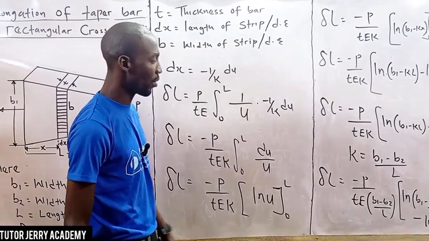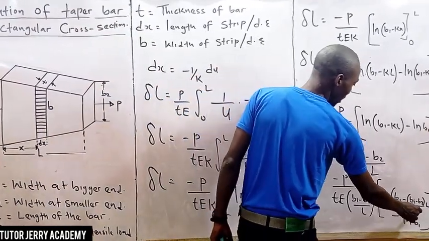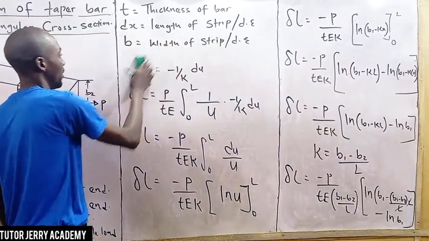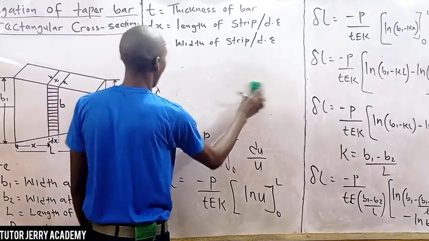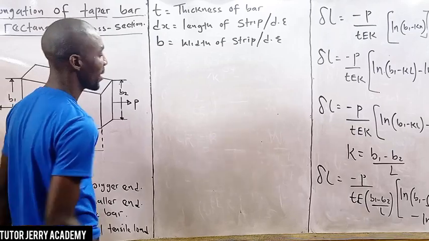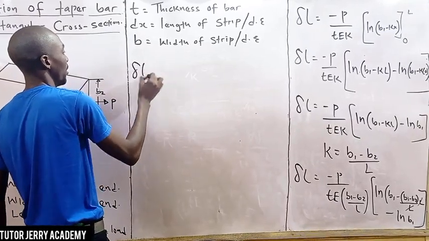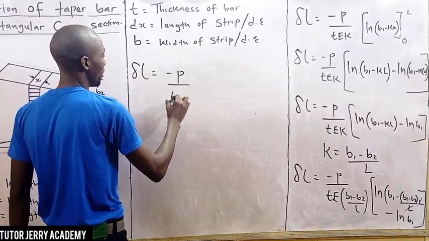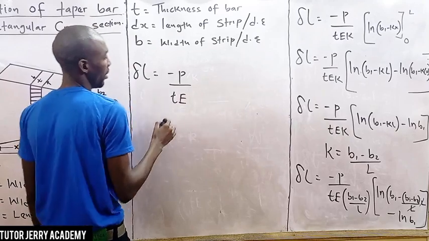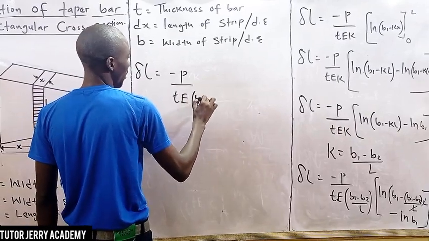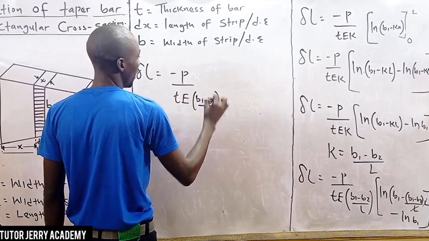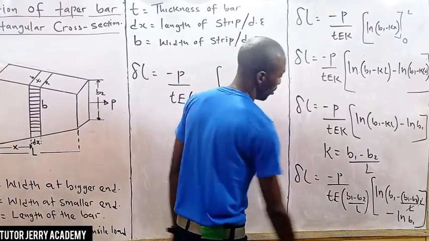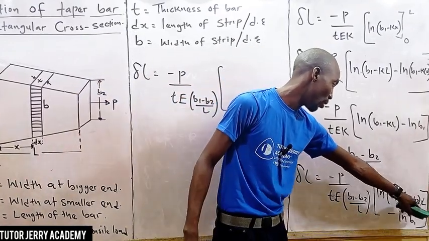All right. Then you are going to observe carefully that this L here will go with this L here. And if we open the bracket, we will have L equals minus P all over T E into B1 minus B2 all over L into, opening this bracket, minus B1 plus B2.